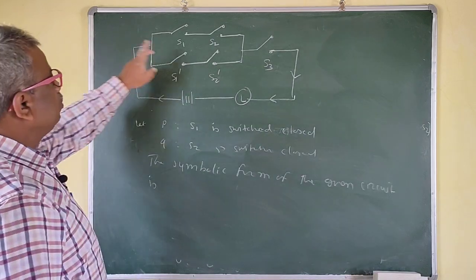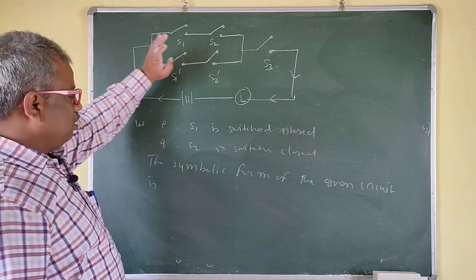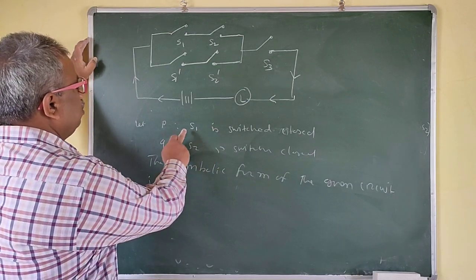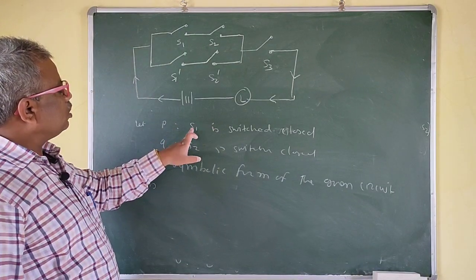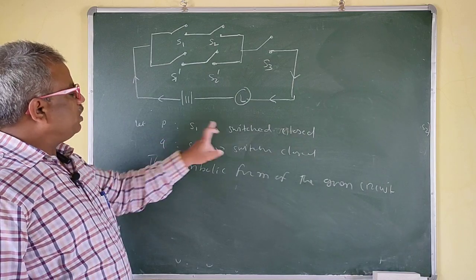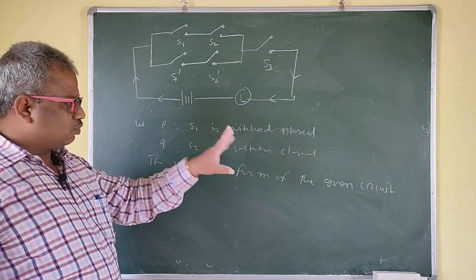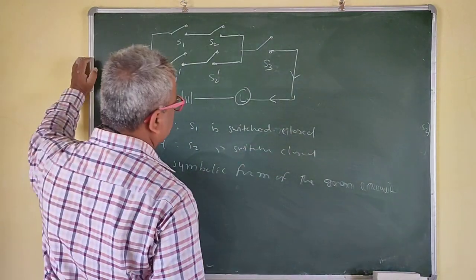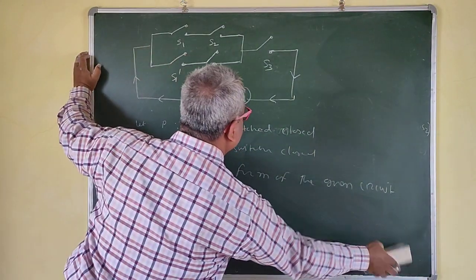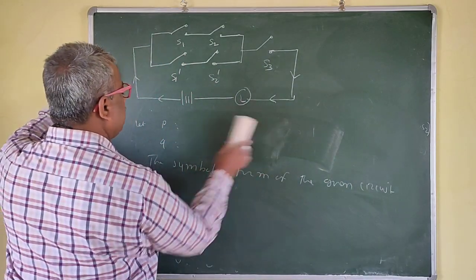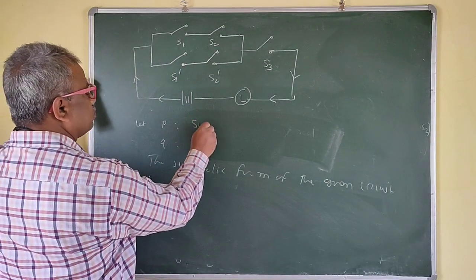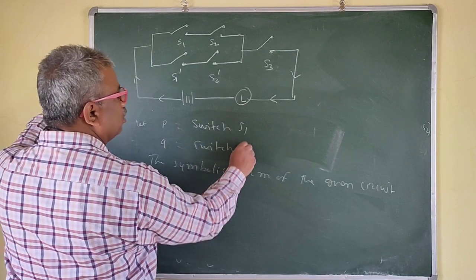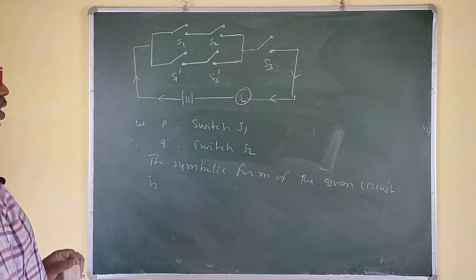This is P, so you may write P, the switch S1. Q is the switch S2. Instead of writing close or off, we'll write simply P, switch S1, and Q, switch S2. Now the symbolic form.